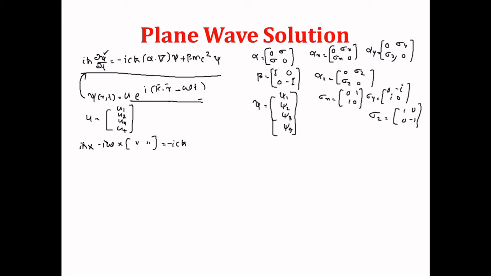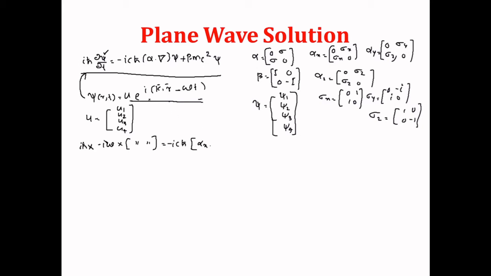The second term is α·∇. So correspondingly you will get alpha x ∂/∂x, alpha y ∂/∂y, alpha z ∂/∂z. The first term we can consider is the x component. The term will be alpha x into ∂/∂x of this particular term.